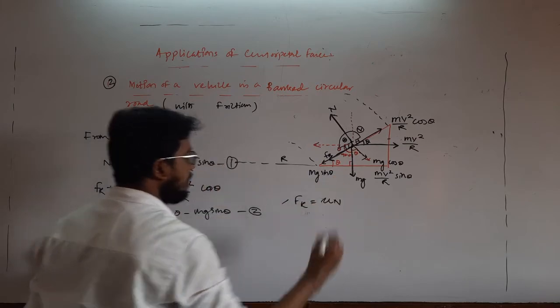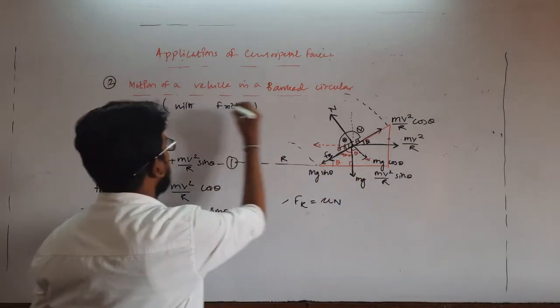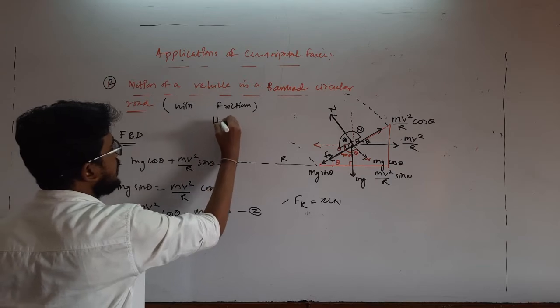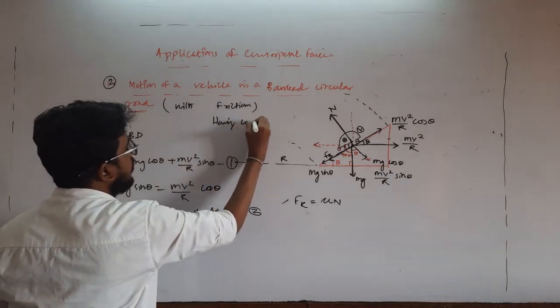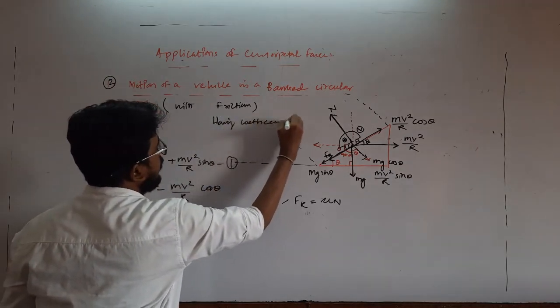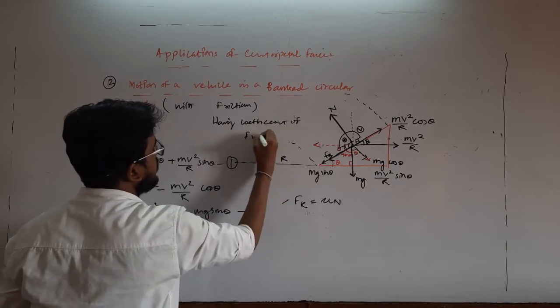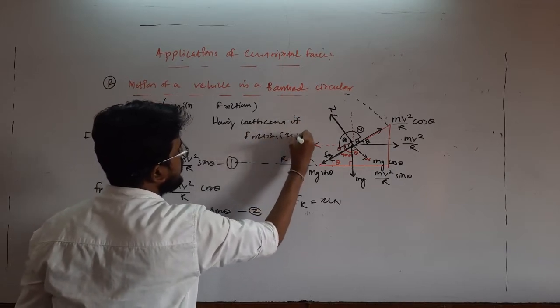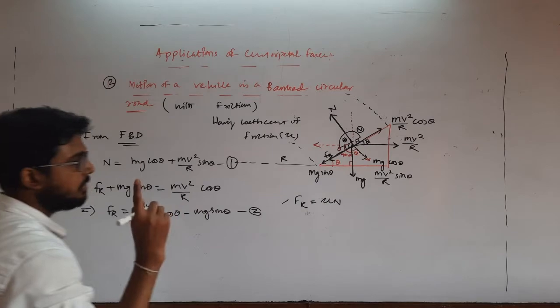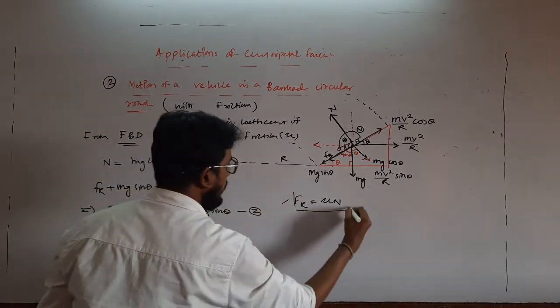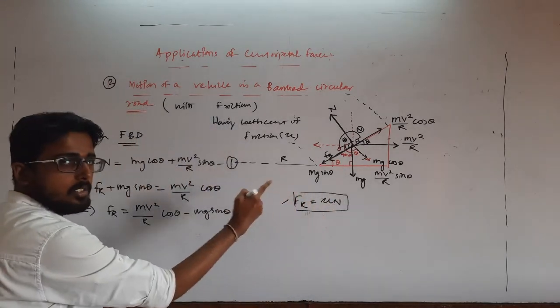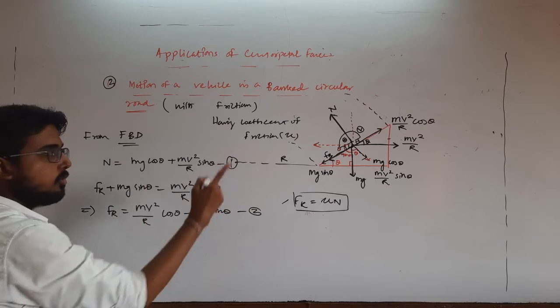Mu into N. As here, with friction, the coefficient of friction is mu. So for this surface the coefficient of friction is mu. So what is Fr? Fr will be mu times N, and this is the maximum possible friction offered by the road to the vehicle.